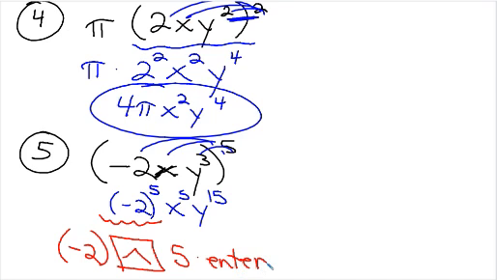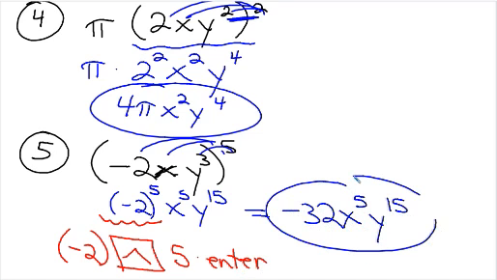Negative 32. And yes, it should be negative 32. So my final answer is negative 32, the rest of it stays the same. X to the 5th, y to the 15th.